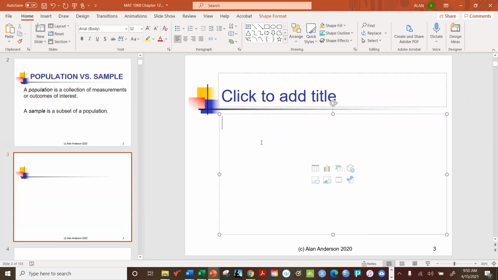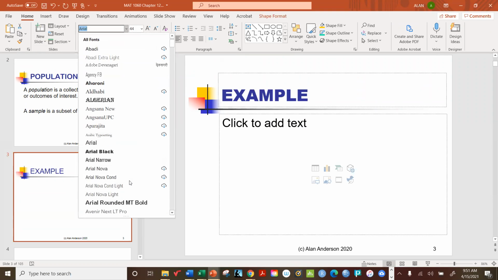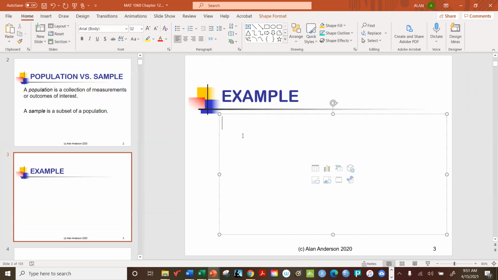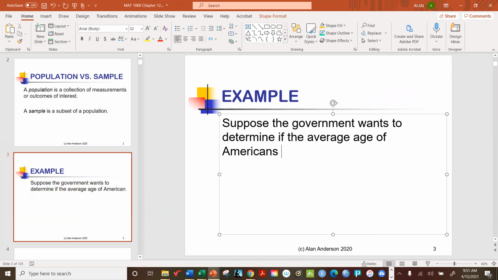Suppose that the government is indeed trying to analyze, not that they don't have all this information, but let's just say they need to do an analysis, wants to determine if the average age of Americans is higher than it was, let's say, 20 years ago.